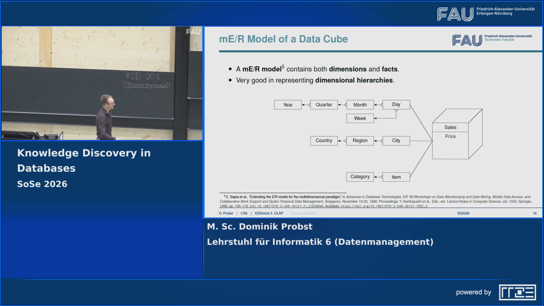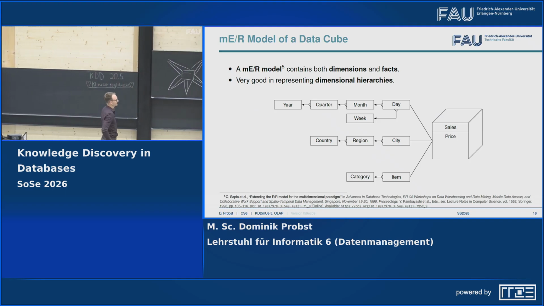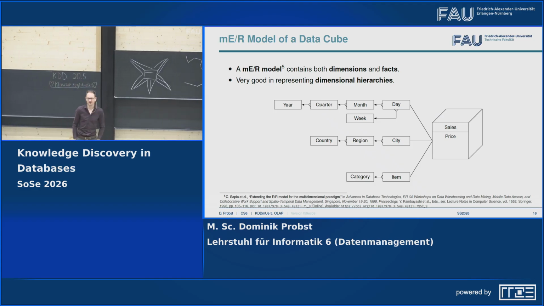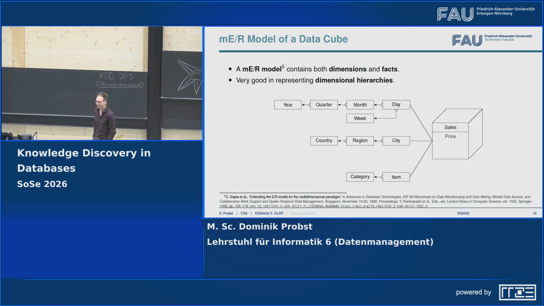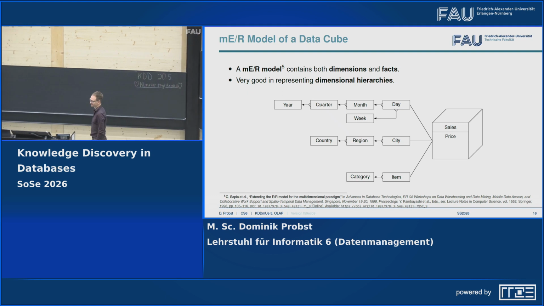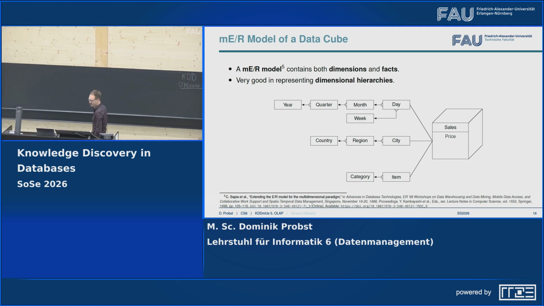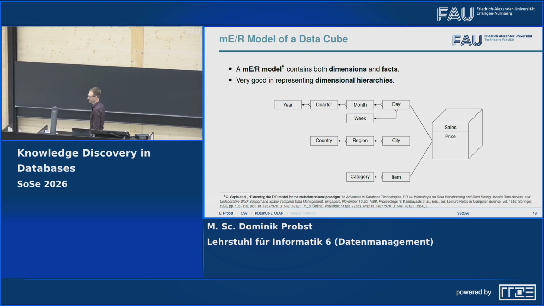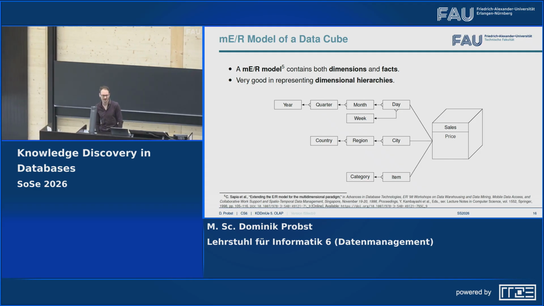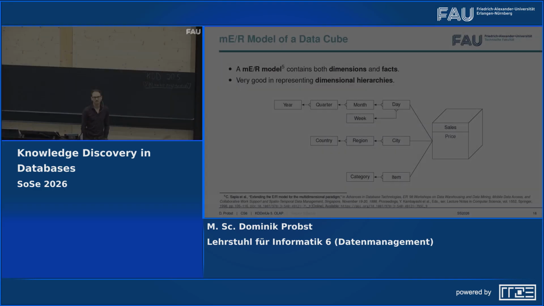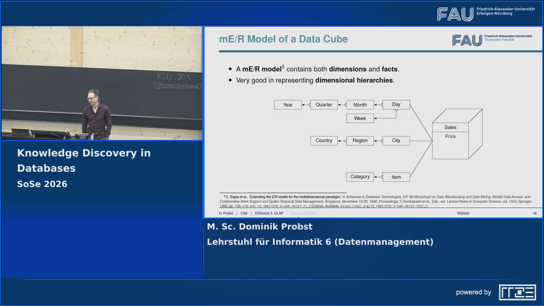I give you again 10, 20 seconds, and then I will count up again. How many tables do we need if we do a snowflake schema instead of a star schema? Okay.